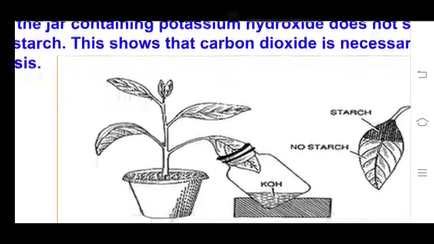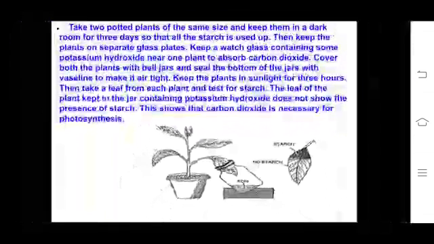Starch test steps, you know children, that is, first boil the leaf in hot water, remove it, then keep it in an alcohol water bath, then add a few drops of iodine.